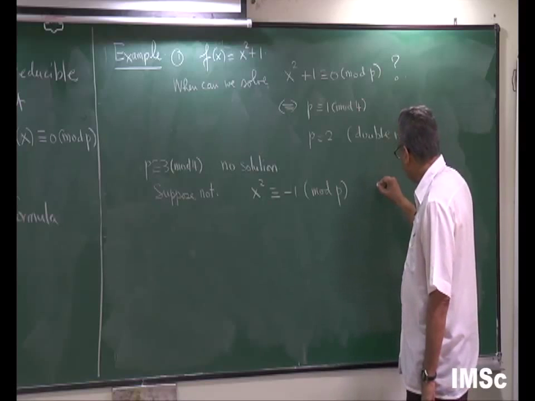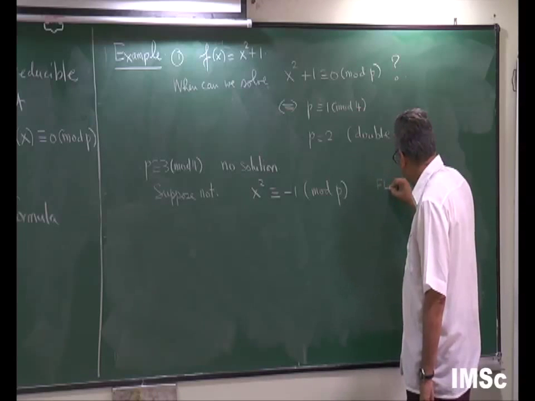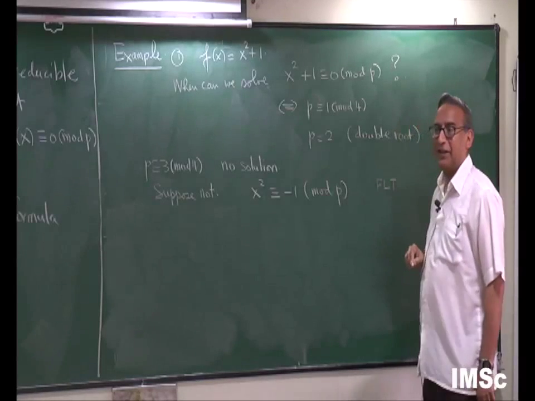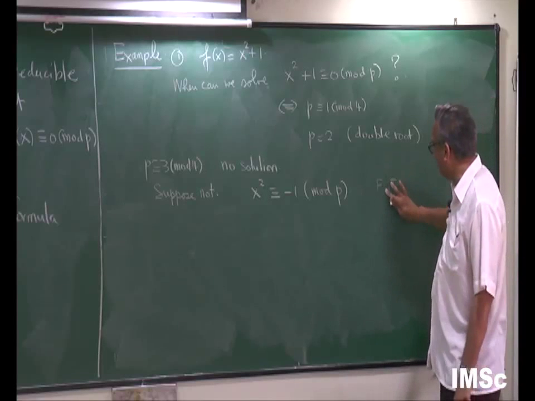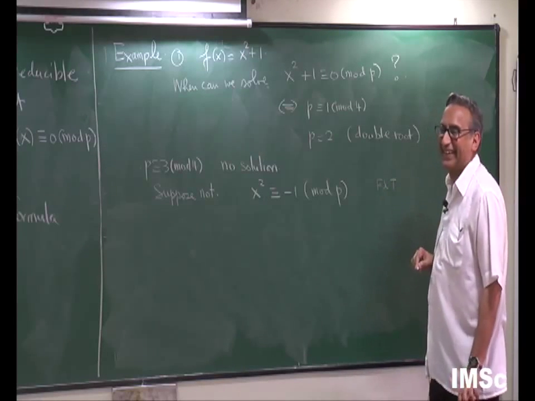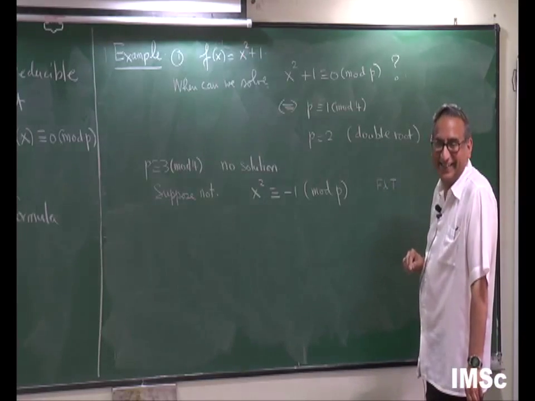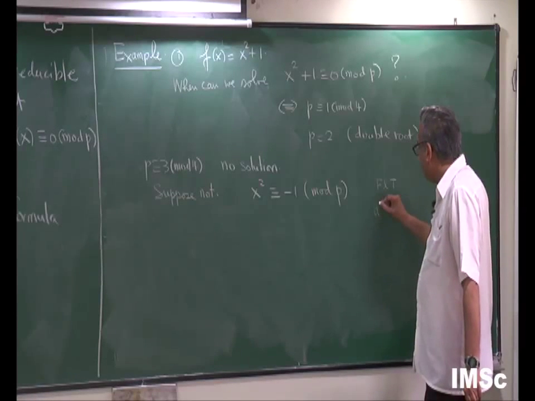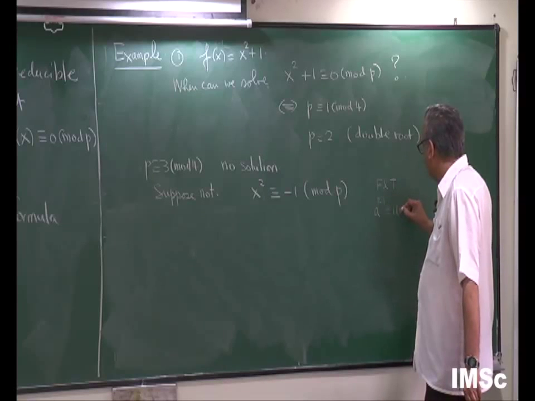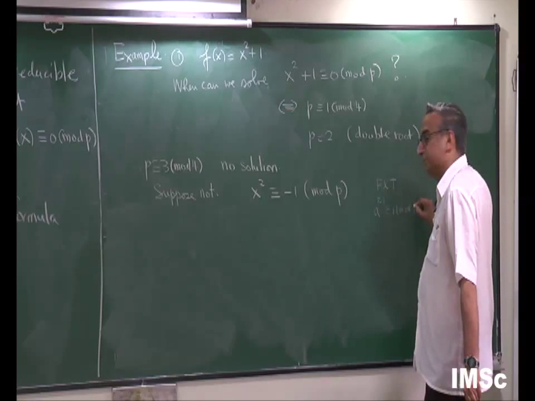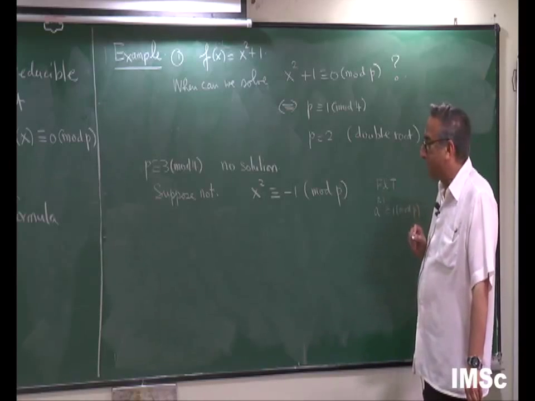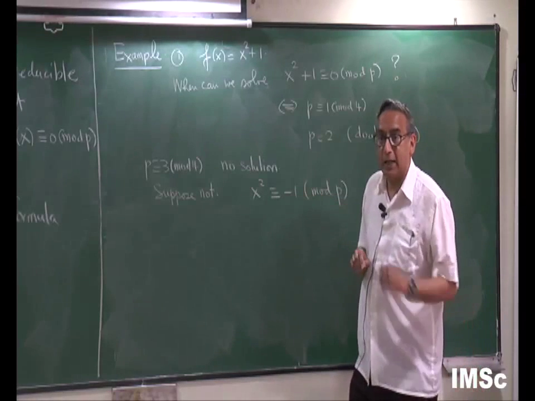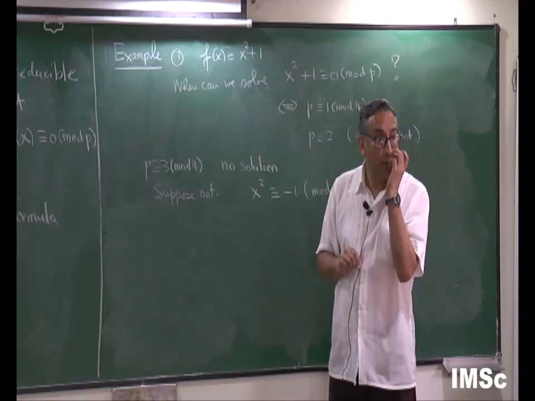And we have what's called Fermat's little theorem, FLT, which says that a to the power p minus 1 is congruent to 1 mod p all the time, right? That's what it says. So let's raise both sides of this thing to the power p minus 1 over 2.